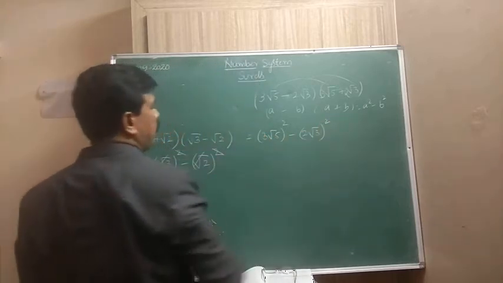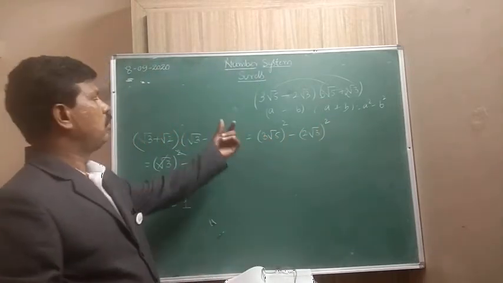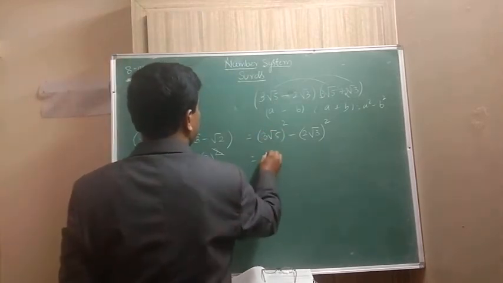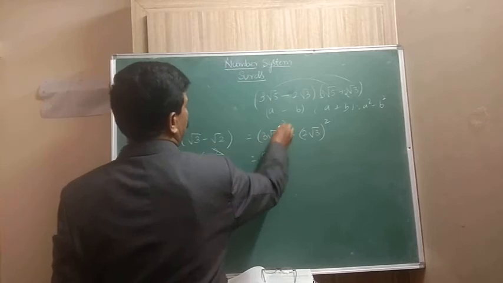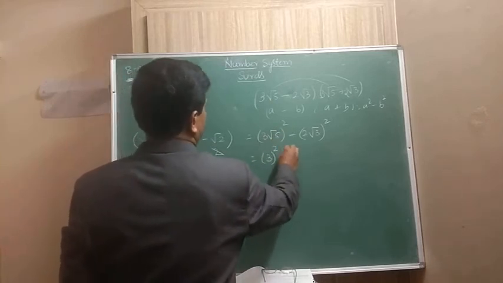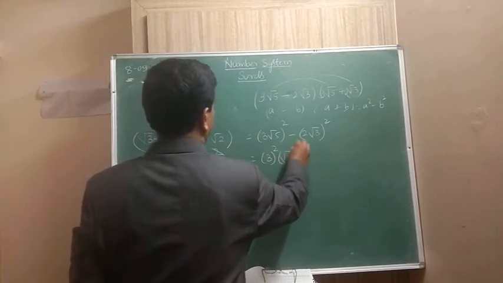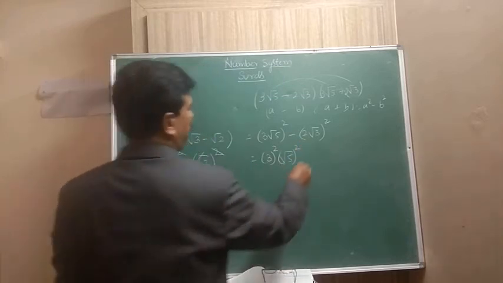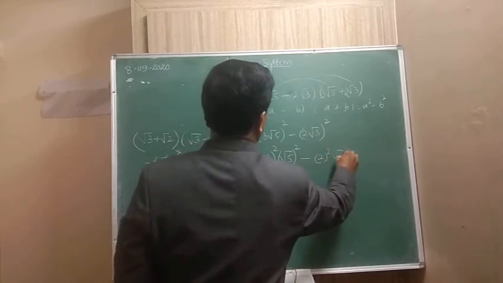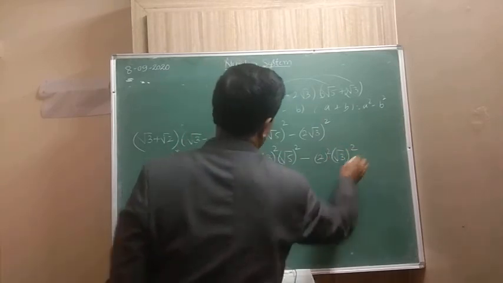Now while you are writing the square, you should square the numerical coefficient. 3 square is 9. Then root 5 whole square. If you want, you can write one more step. 3 square root 5 whole square minus 2 square root 3 whole square.